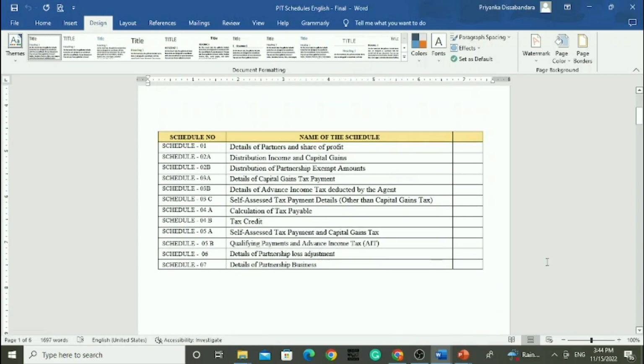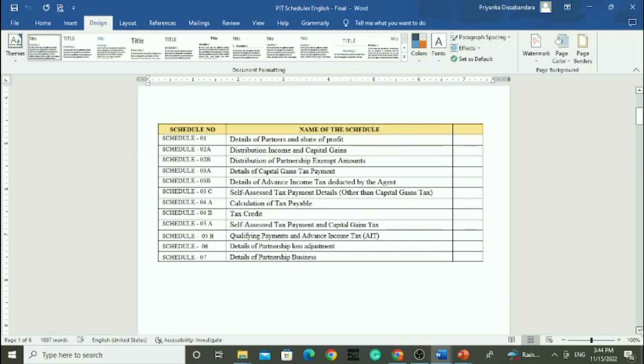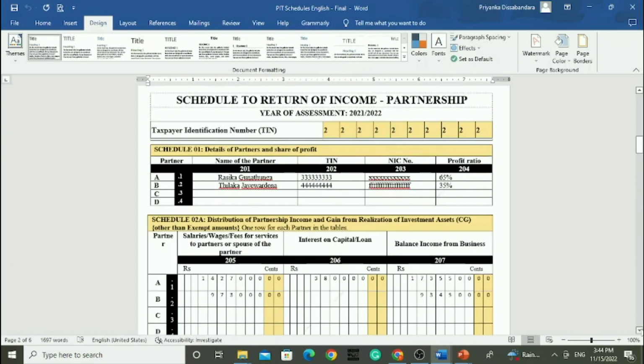These are the available schedules. You can tick each schedule which you have filled when you are filling your income tax return and schedules. This is the schedule 1. In this schedule, you have to fill the details of the partners, name of the partners, their TIN numbers, their NIC numbers and the profit sharing ratio.